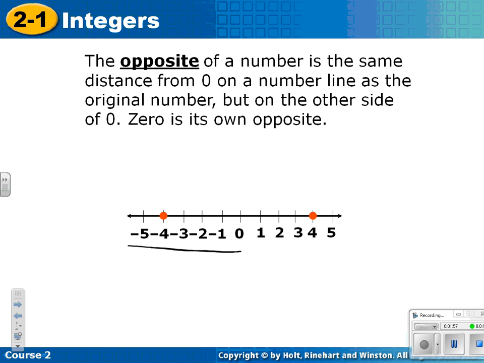So if you had negative 5 and you want to compare it to negative 2, because negative 2 is to the right of negative 5, negative 2 has a larger value. Yes?